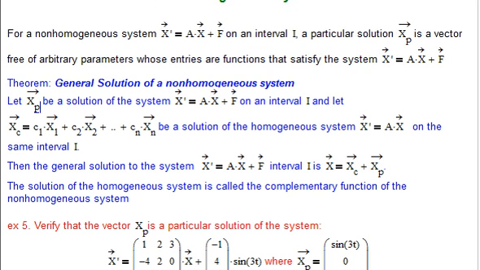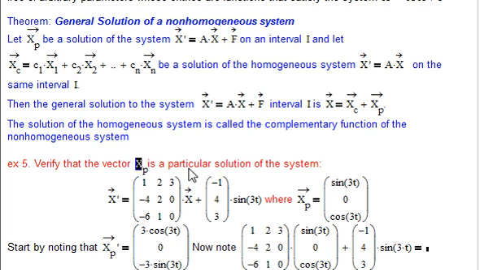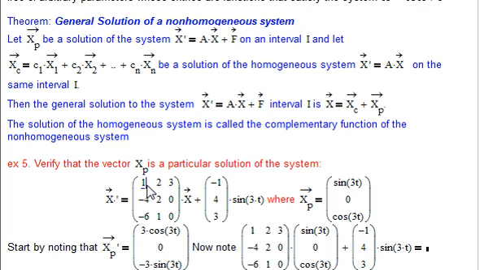So here's an example. Verify that the vector xp is a particular solution of this system, and this is a monster-sized system. X prime is matrix 1, 2, 3, negative 4, 2, 0, negative 6, 1, 0 times vector x plus, now this is an interesting way of writing this, but this is the vector of constants, negative 1, 4, and 3 times sine of 3t.